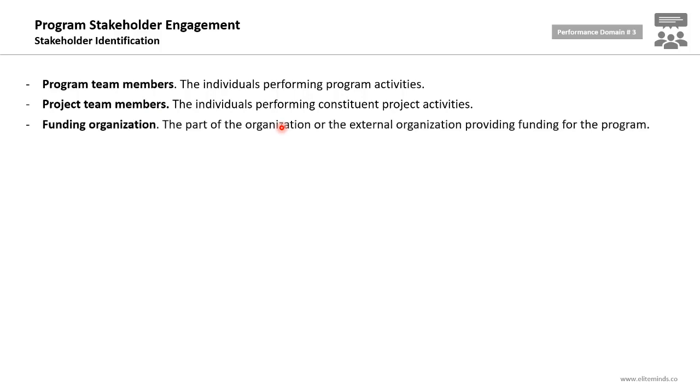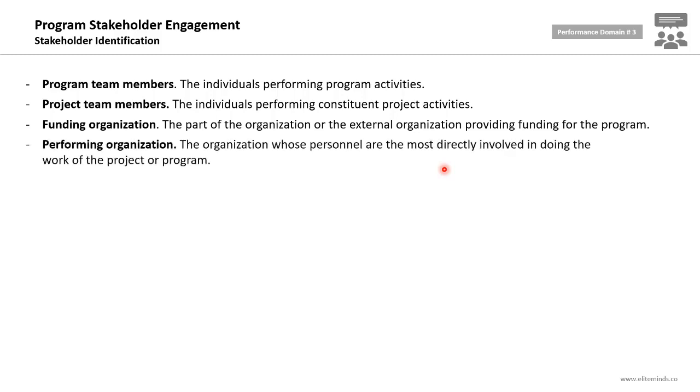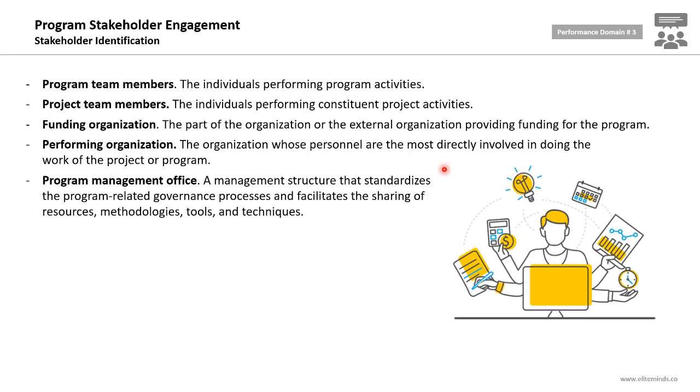Funding organization, the part of the organization or the external organization providing funding for the program, especially if it's external to the organization, like a bank or something. Funding organization is a key stakeholder. Performing organization, the organization whose personnel are the most directly involved in doing the work of the project or the program, which is the organization responsible for the program itself.